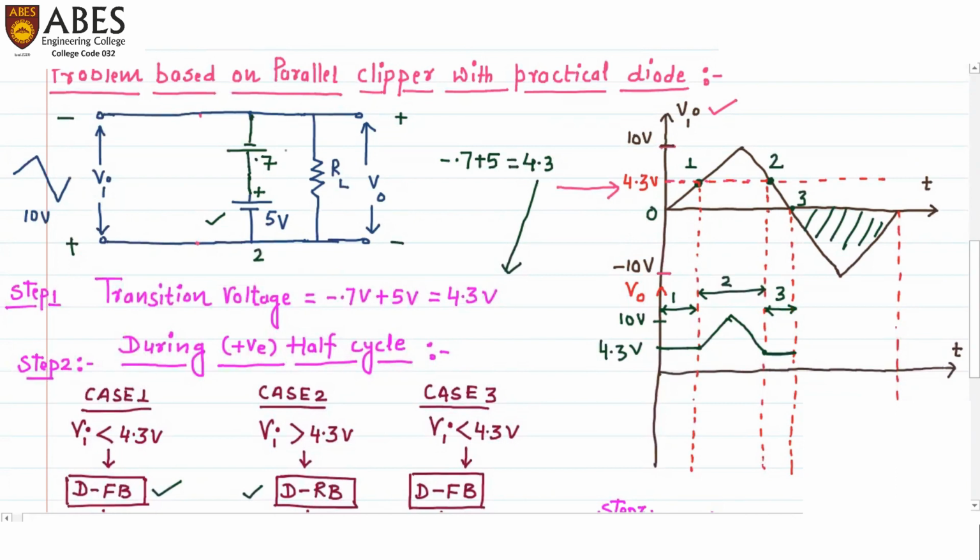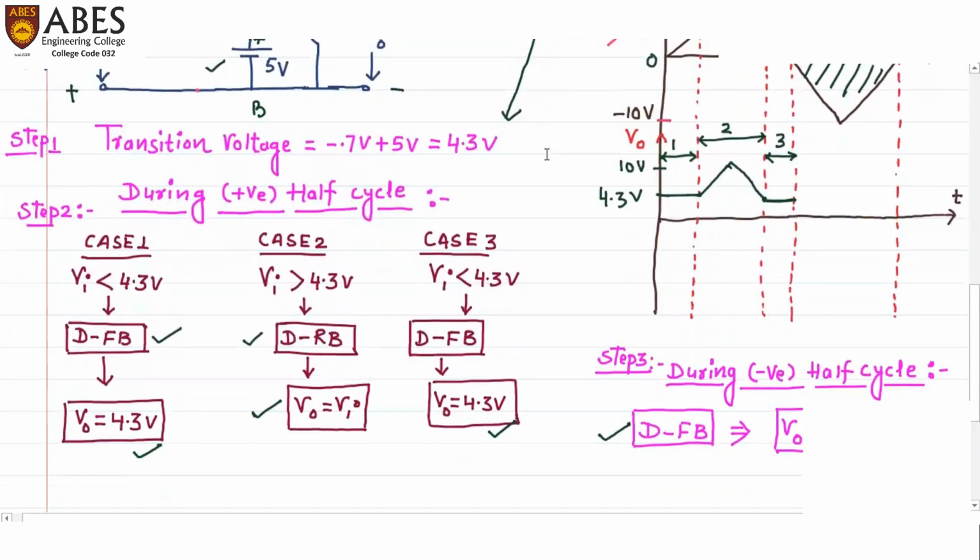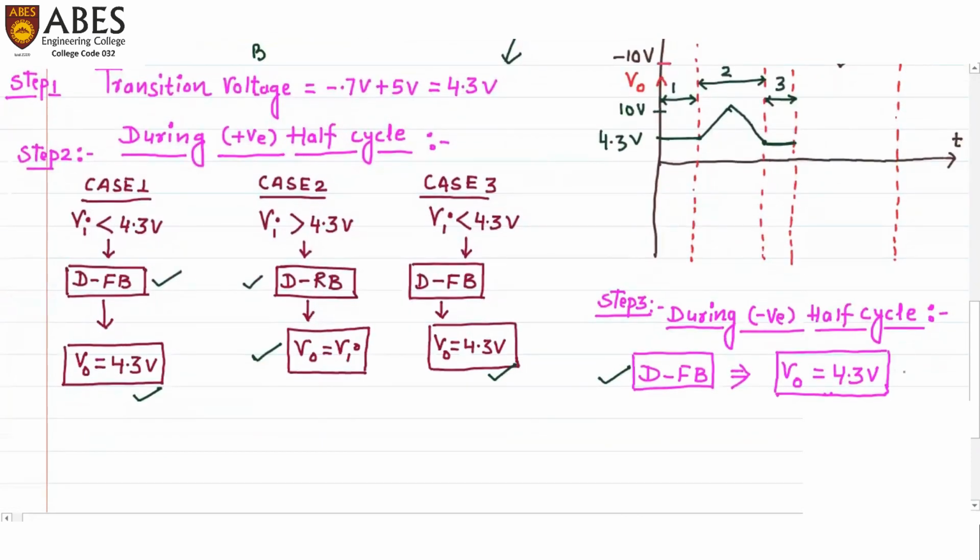V naught will be equal to the voltage across this branch between point A and point B. And the voltage between point A and B will be equal to minus 0.7 plus 5. That comes out to the transition voltage, which is equal to 4.3. So during the negative half cycle, the output voltage is 4.3 volts.